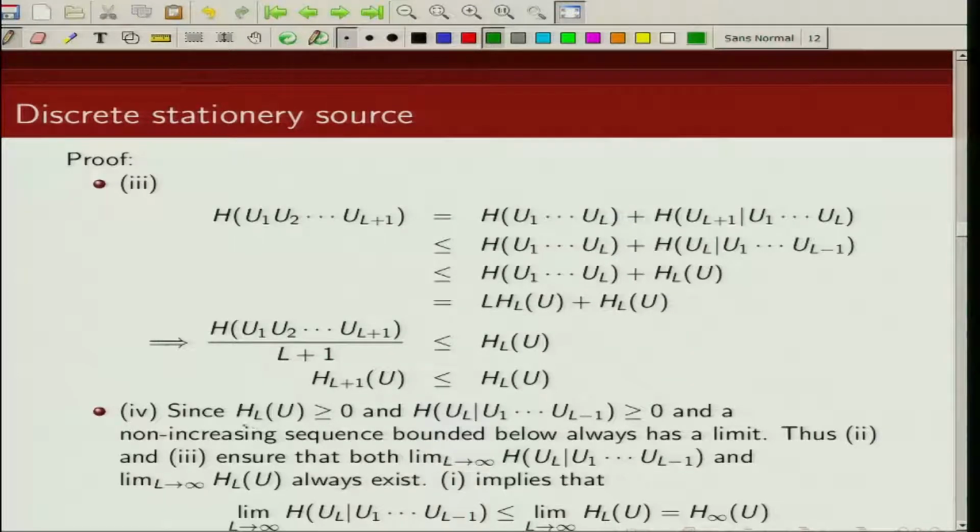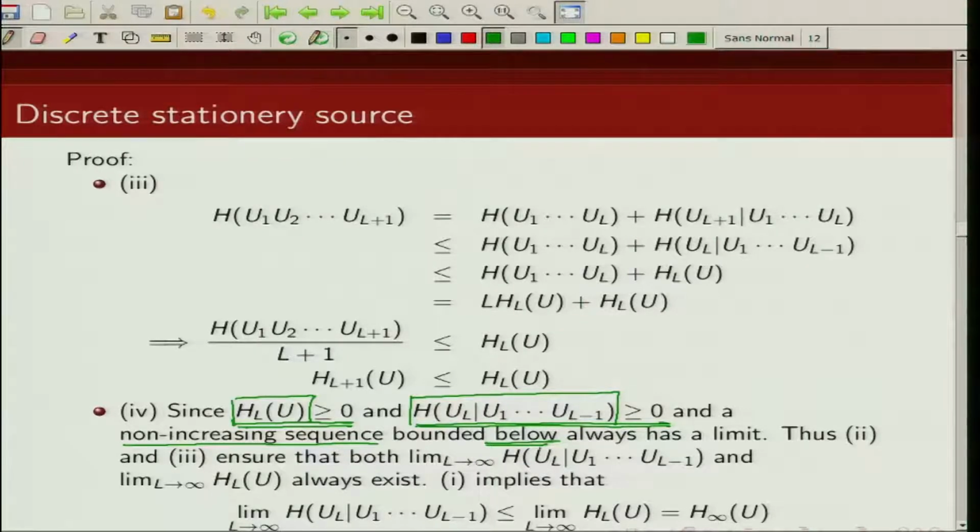Now we know that this is greater than or equal to 0, and this term is also greater than or equal to 0. Remember, these sequences are non-increasing. So we have a non-increasing sequence which is bounded below, because they are greater than or equal to 0.